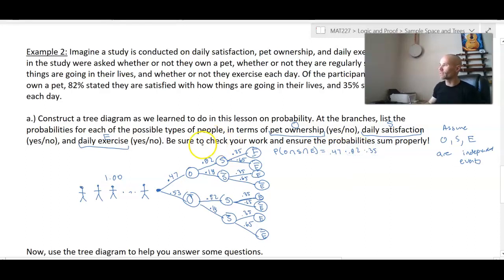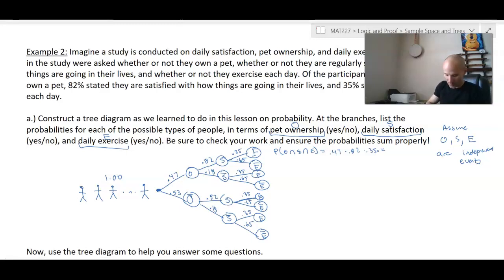And all we're doing here is taking 35% of 82% of 47% of people, right? Because we keep splitting the groups up, those percentages are going to get smaller and smaller. Those guys do all 3 of those things. They own a pet, they are satisfied each day, and they exercise.